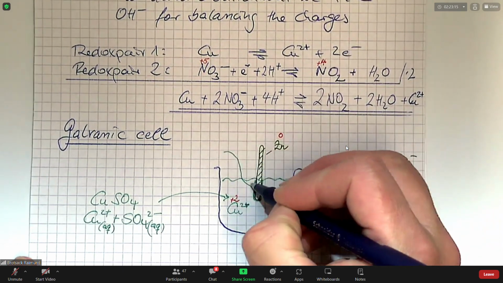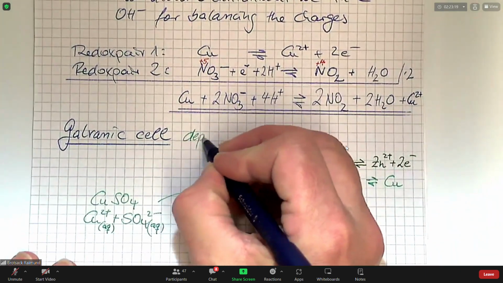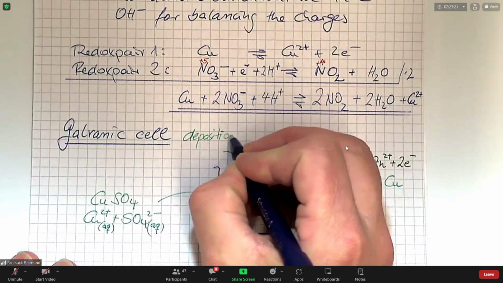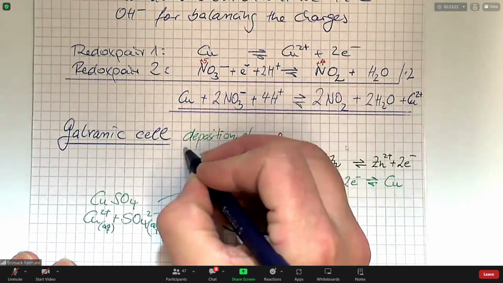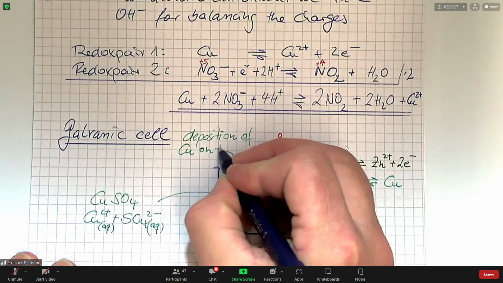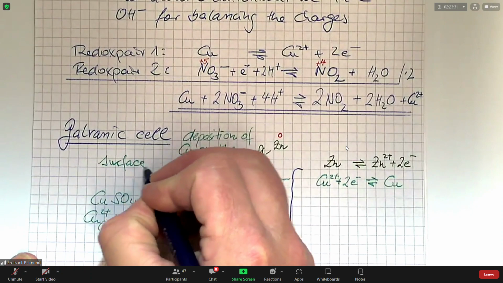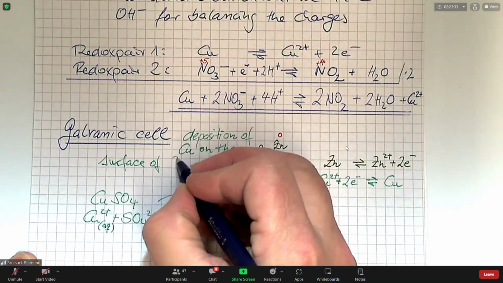So we will have a deposition of elementary copper on the surface of zinc.